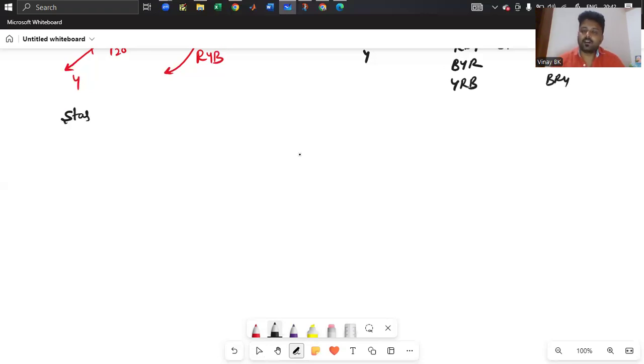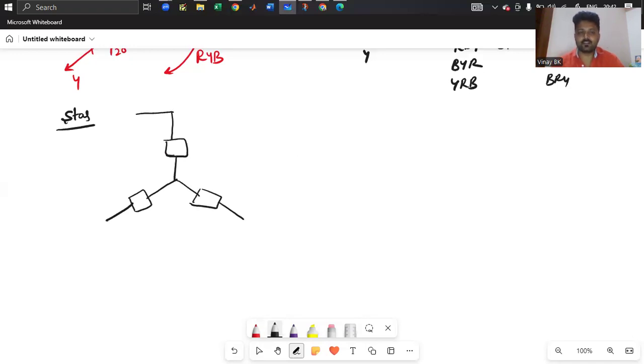Star connection means all the three phases are connected together to form a junction called neutral. Delta connected means one end of a phase is connected to the starting point of another phase to form a delta. This is a star connection, just for your reference.